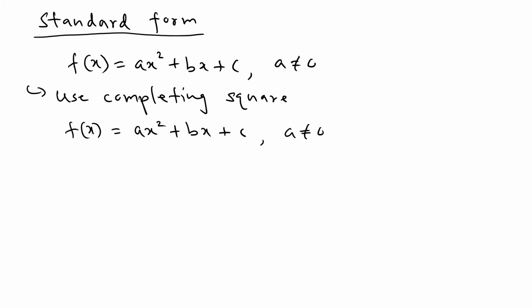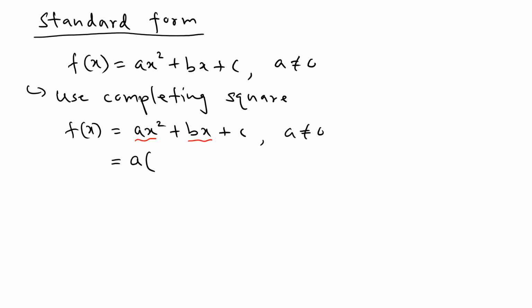Since we don't know the value of a, if a is 1, things would be much easier. But let's say in general a is not equal to 1. Then we're going to factor out a, dividing by a, but we do that to the first two terms only. We write c outside just to make the calculation easier.